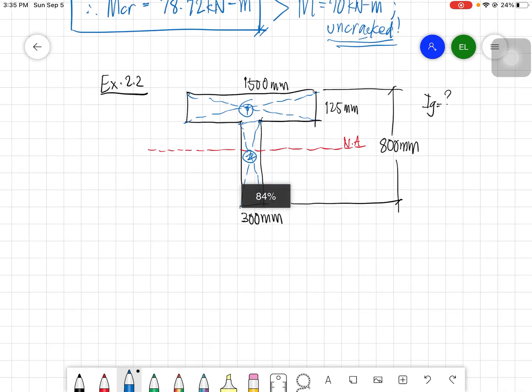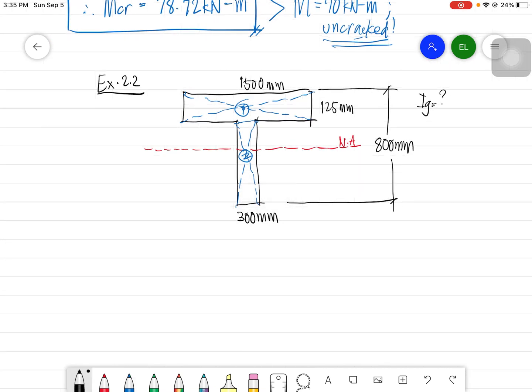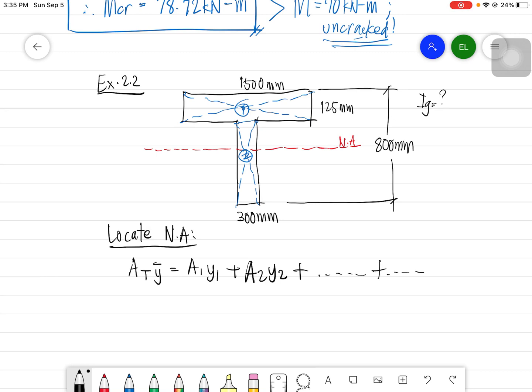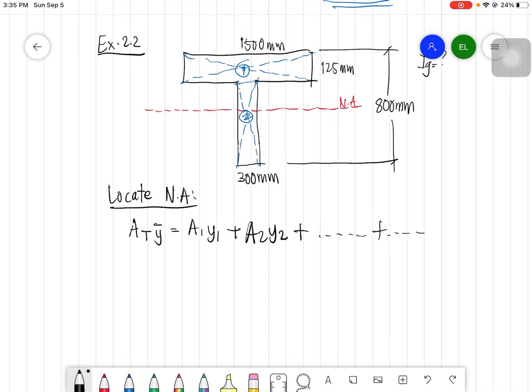So our first step is to locate the neutral axis, using y bar equals A1 y1 plus A2 y2, and so on, if you have other areas to be considered.